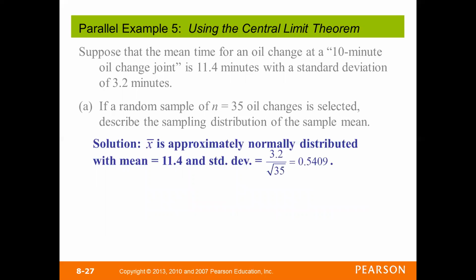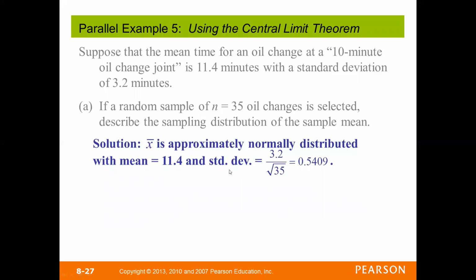Well, from the sampling process, we know there's some variability. The more samples we take, the closer we'll close in on the population mean. So the mean of the sampling distribution should be the same as the mean of the population. So mu sub x bar will be 11.4. The larger the sample size, the closer together each of our samples will be, so the less variability we'll see.